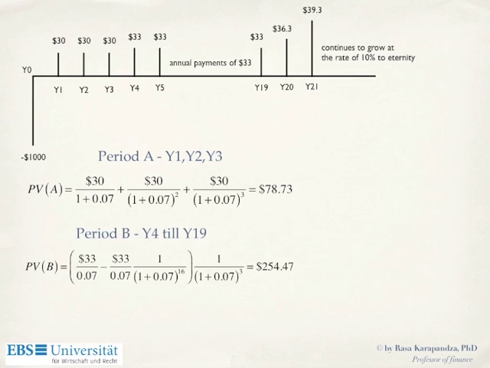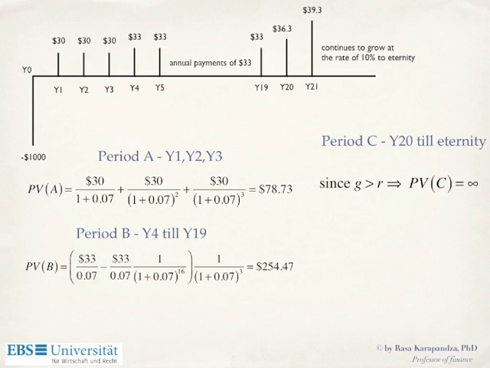Okay, now I ask you, could you please tell me, what is the present value of the cash flow stream that starts in period 20 and then goes till eternity? And then you can tell me, okay, from the perspective of year 19, this looks like a constant growth perpetuity. And we have said, if G is larger than R, then the present value is infinite.